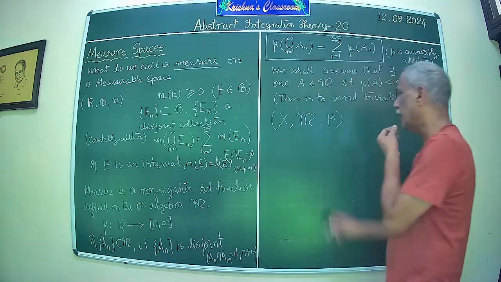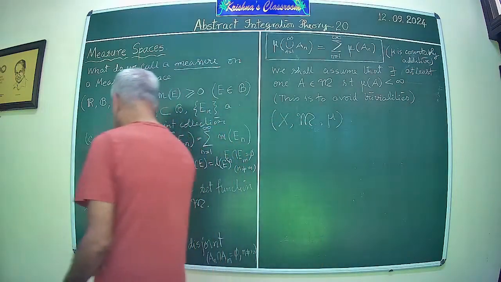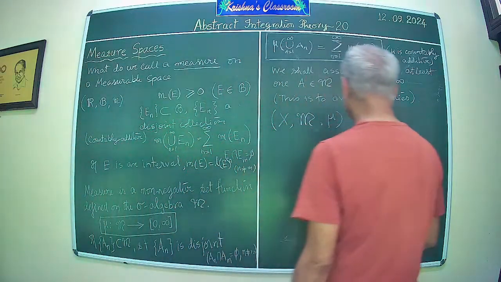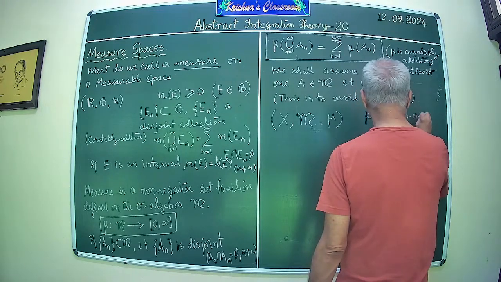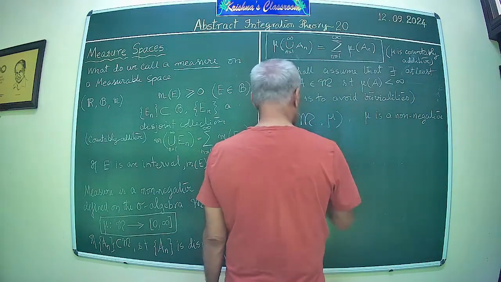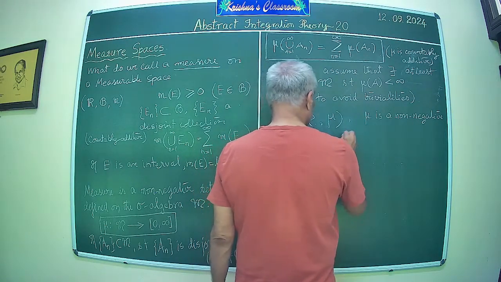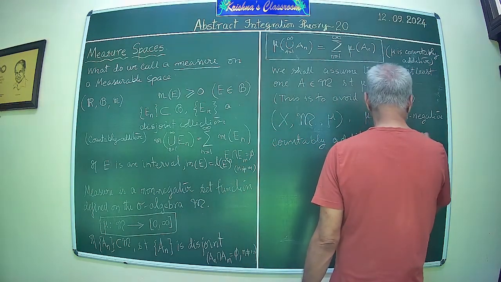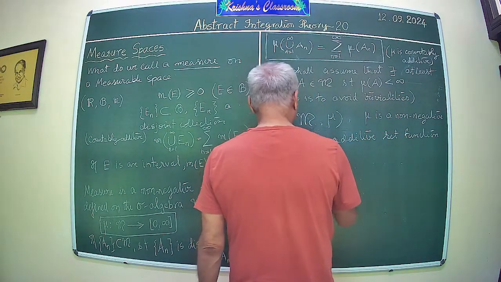This is the sigma algebra. Mu is defined from M to 0 to infinity, infinity included, having the property that mu is a non-negative, countably additive set function defined on the sigma algebra.